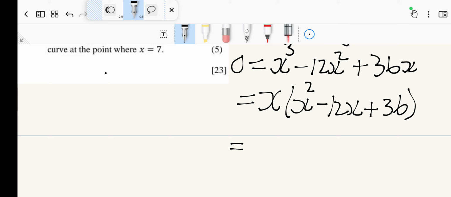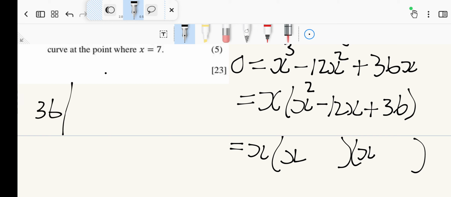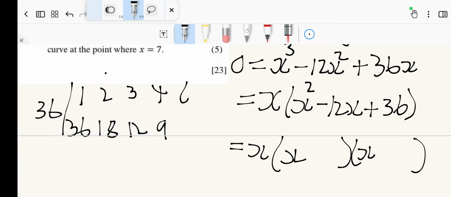So let's see. This x is here. That trinomial, we're going to go with x and x because it's a basic trinomial. So we're going to write down the factors of 36. I'm going to put it over here and see which of the factors can get me that 12 that's in the middle there. So 1 and 36, 2 and 18, 3 and 12, 4 and 9, 5 no, 6 yes, 6 and 6.